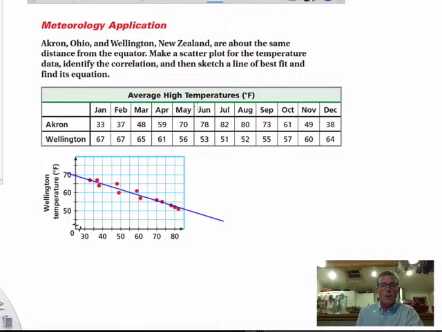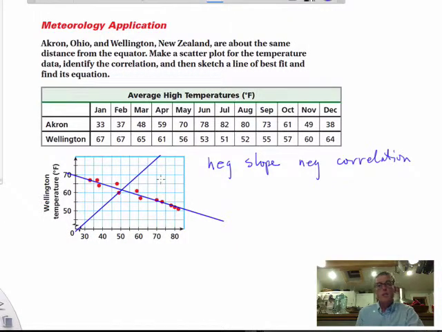And so we can also say that since we're heading downhill, this has a negative slope, and so that means it has a negative correlation. And if the data were running the other way, in other words, if the data was running like that, then it would be positive slope with a positive correlation.